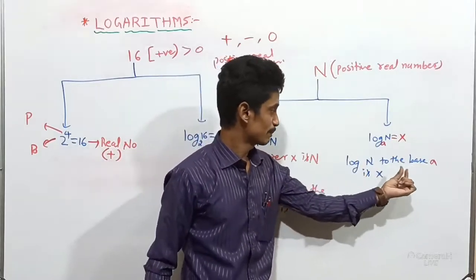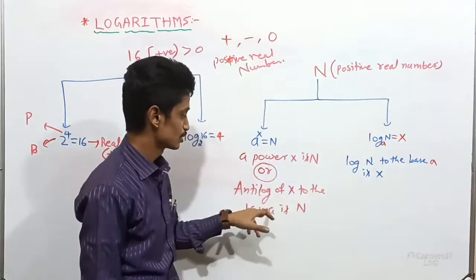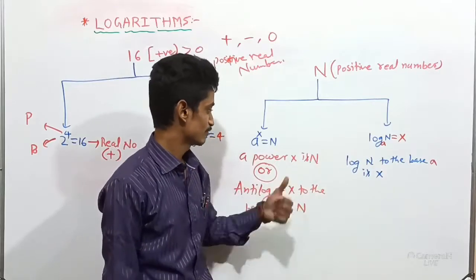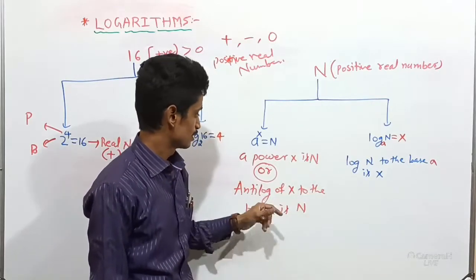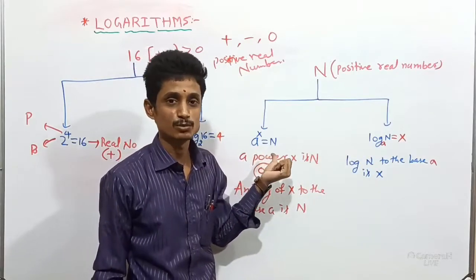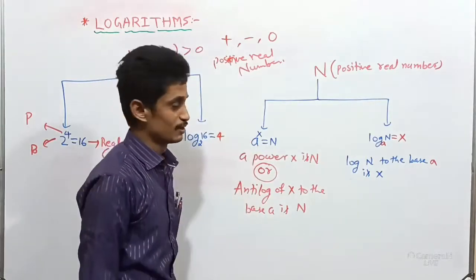If log n to the base a is x, then anti-log of x to the base a is n. Like this, the inverse will exist for these statements. This is considered a log representation, this is considered an anti-log, or otherwise exponential form.